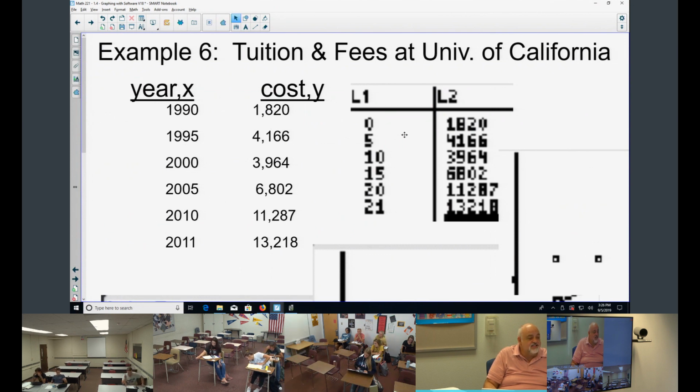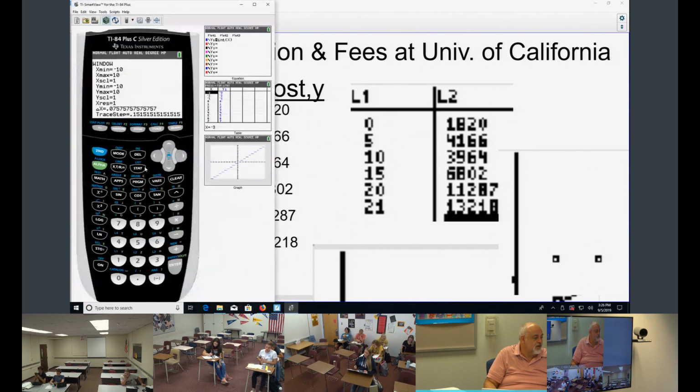Now, this is how it looks in the calculator. To get to the list, to where you type that in, you press Stat and then Edit. So Stat Edit is where you put in your list. Okay? And so then you would type in your list.